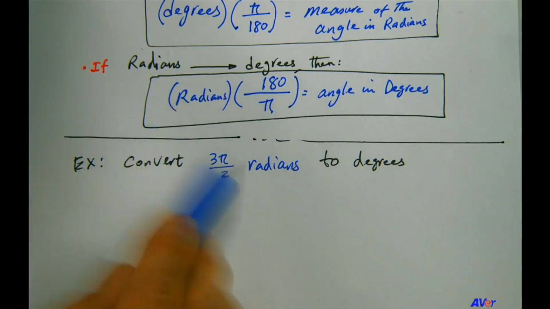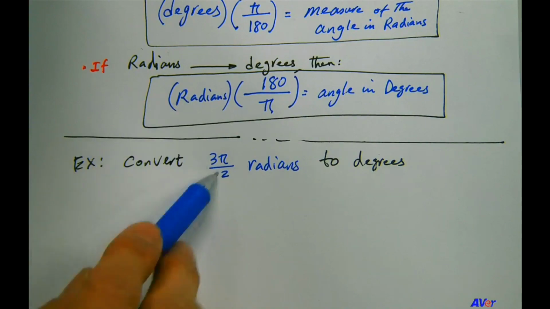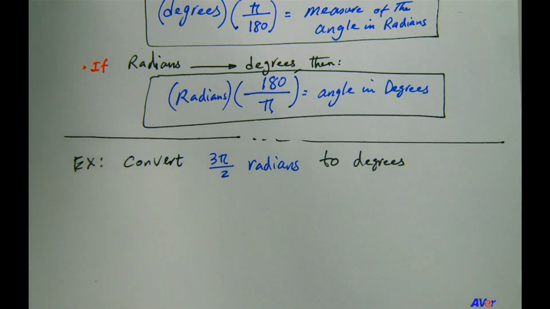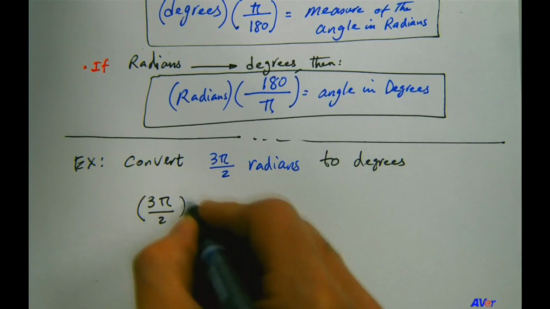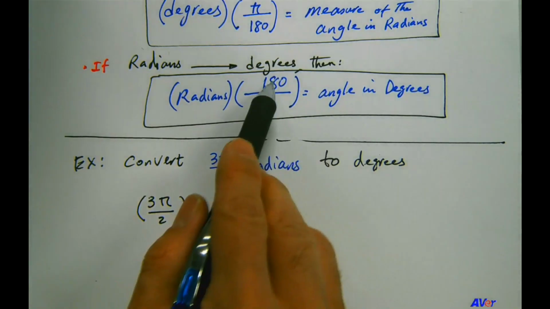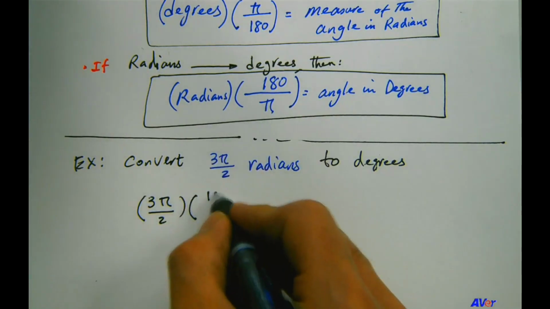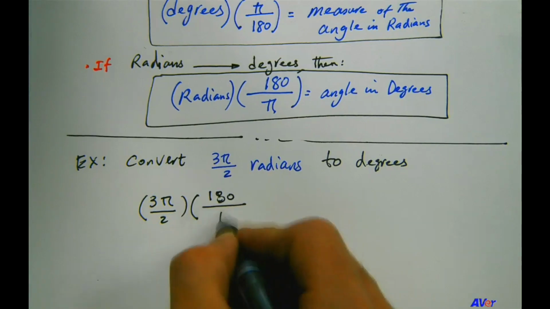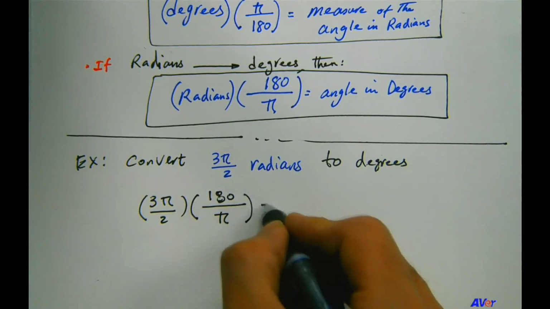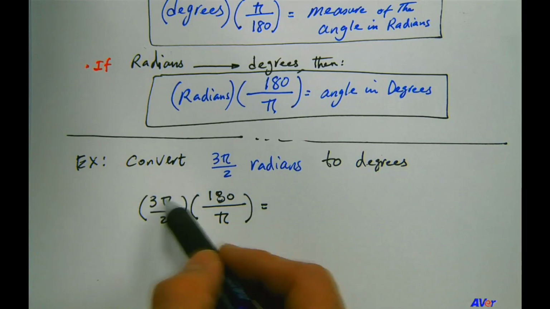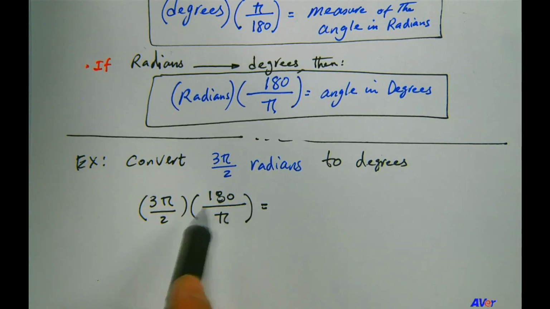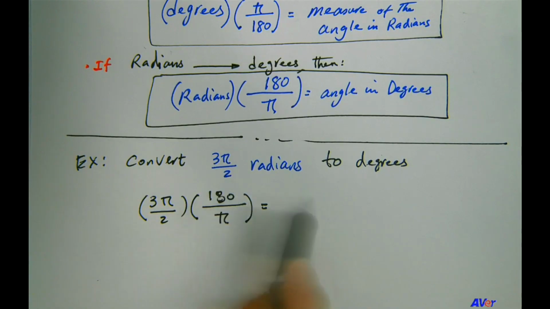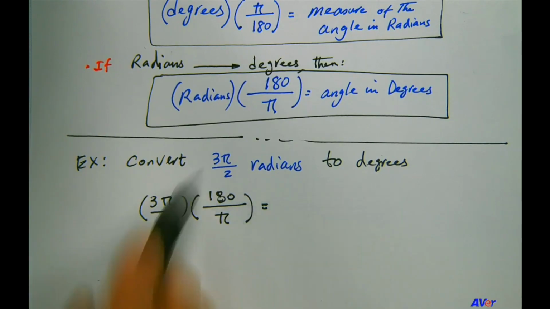We take the measure of the angle in radians, which is 3 pi over 2, and multiply it by 180 over pi. So we have radians here and radians here. They would cancel each other out, and we're left with the degrees measure of that original angle.